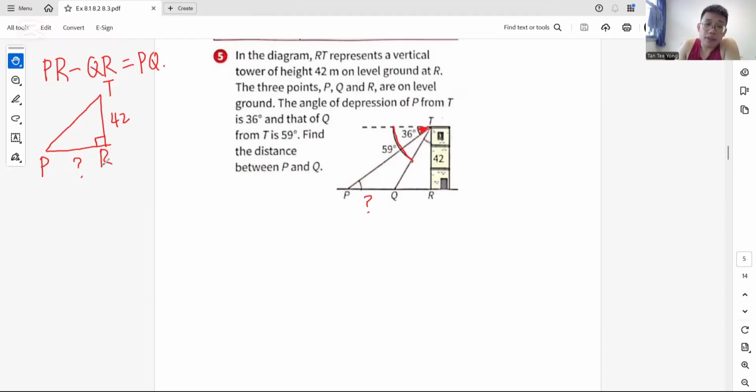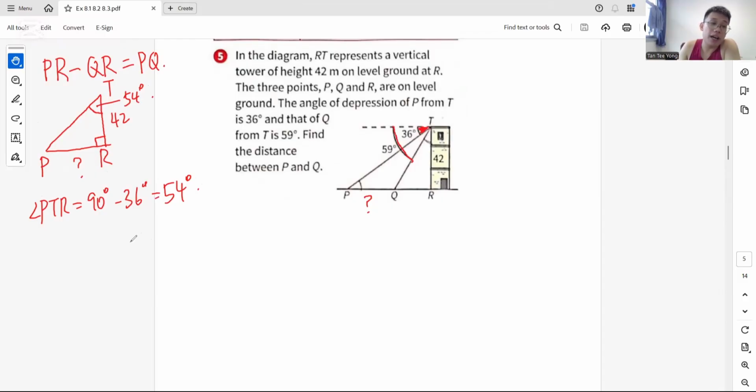We need one more angle, so we need to find angle PTR. Angle PTR is 90 degrees minus 36 degrees, and that will give me 54 degrees.